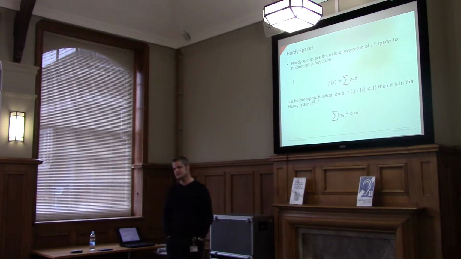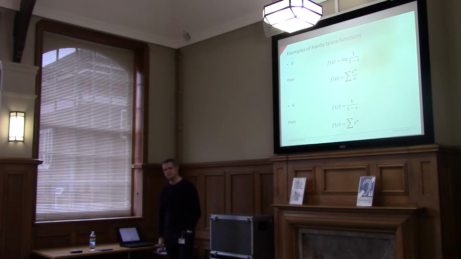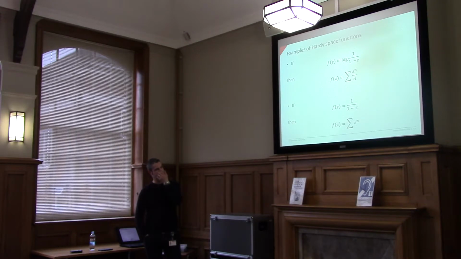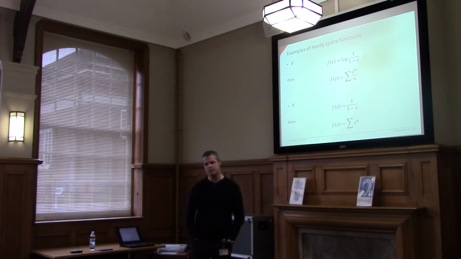So this is a particular example. It's just to illustrate really; what I'm going to talk about extends much further than this. Examples of Hardy space functions would be this: f of z is log of 1 over 1 minus z. That's a function holomorphic in the unit disk, but obviously it's got a massive singularity at z equal to 1, where it tends to infinity.